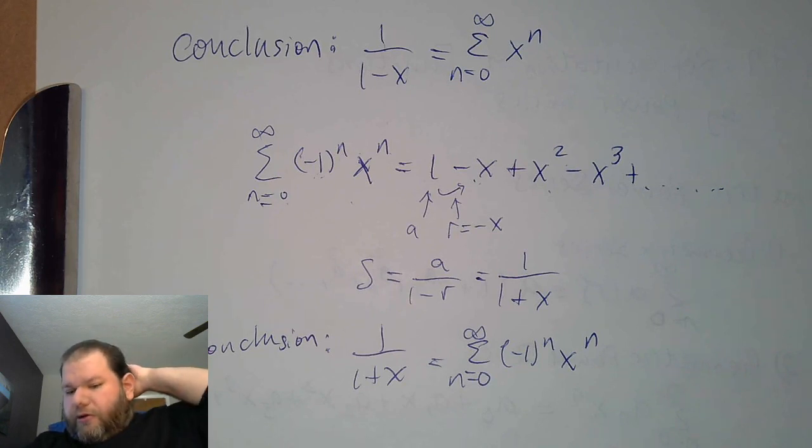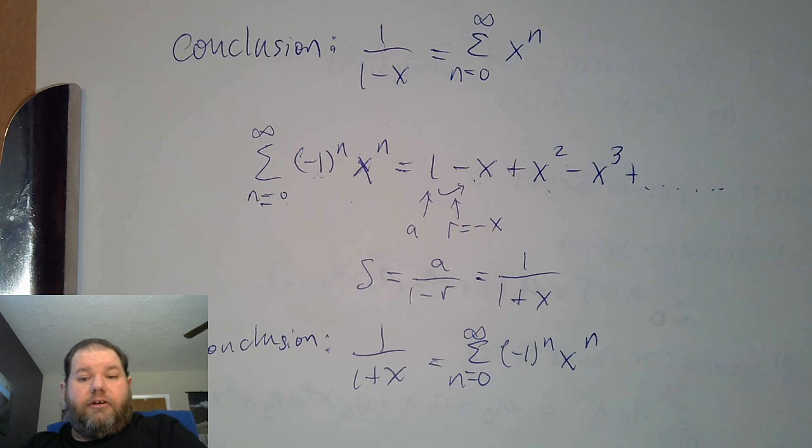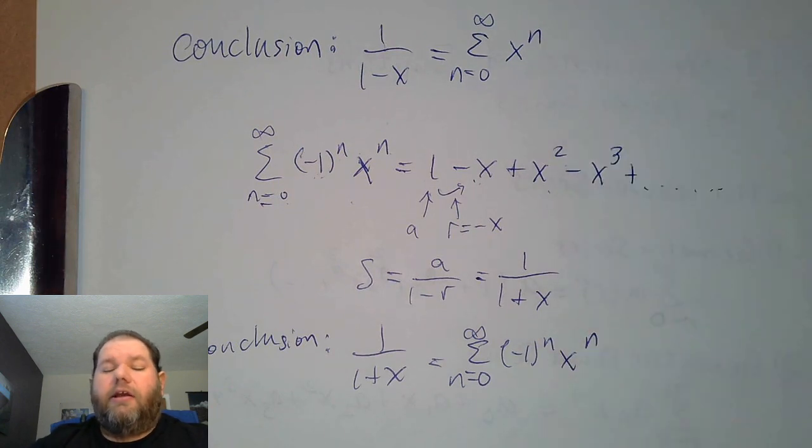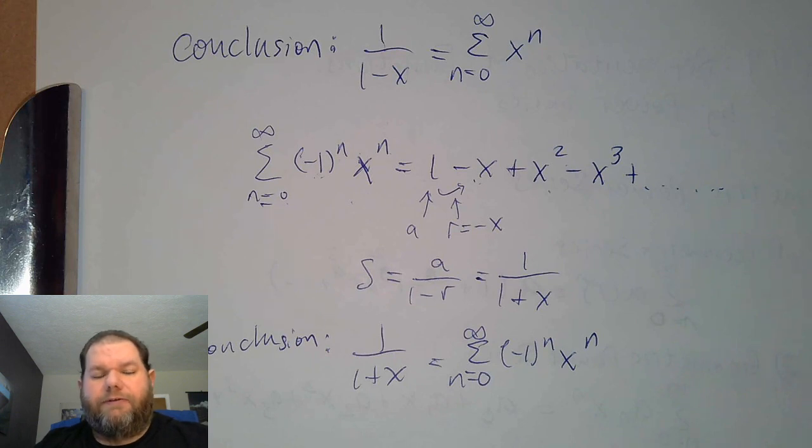One thing to note, because this is certainly going to be a factor, is that both of these power series are centered at 0 because it's just x to the n. It's possible that we have a series that's centered at something besides 0, and that's worth considering also.